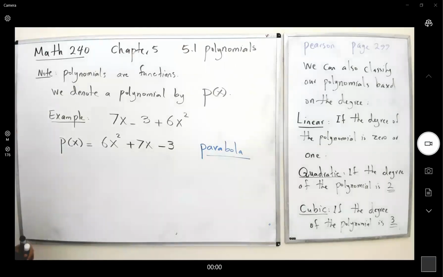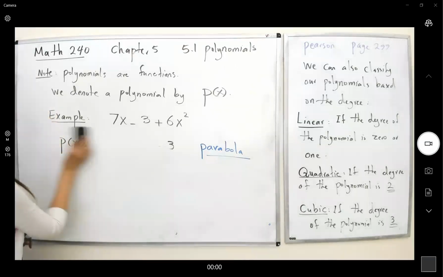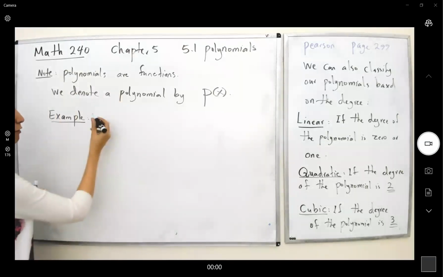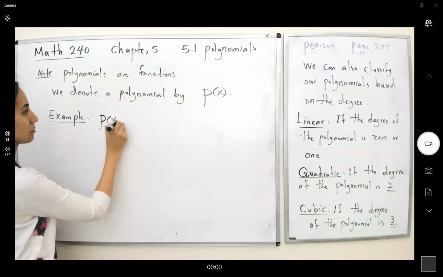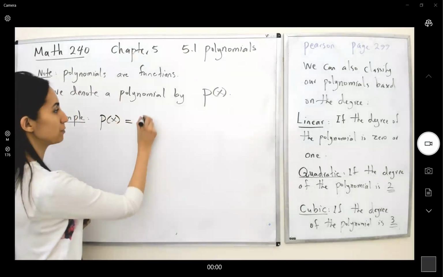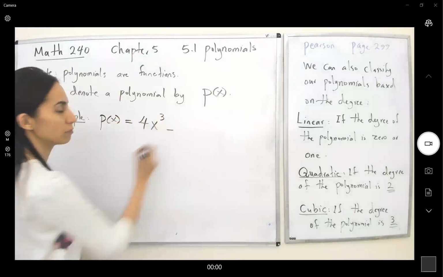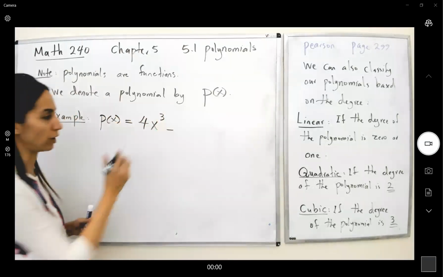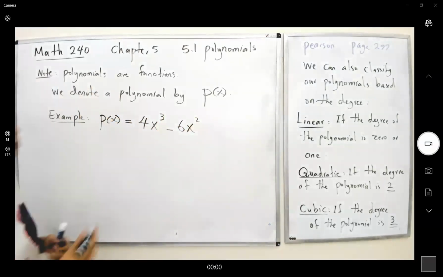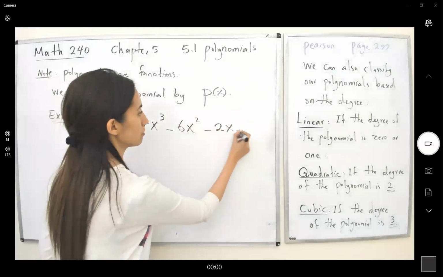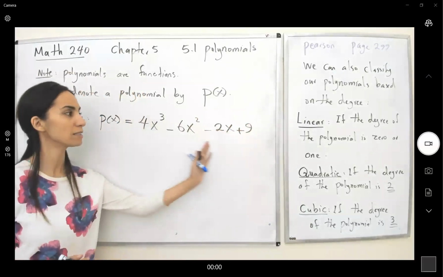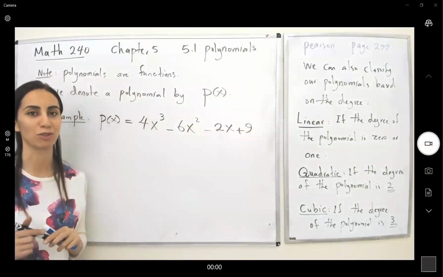Well, another polynomial for you. Suppose you have p of x equals 4x cubed minus 6x squared minus 2x plus 9. First of all, what is the degree of this polynomial?